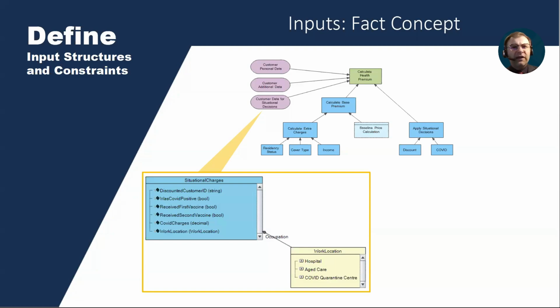So we need to define for each of these decision units that we decomposed what input data they need and what is the structure of that input data. We need to specify for each individual decision unit what input data it needs for execution. And this specific data for the decision unit is called fact concepts.